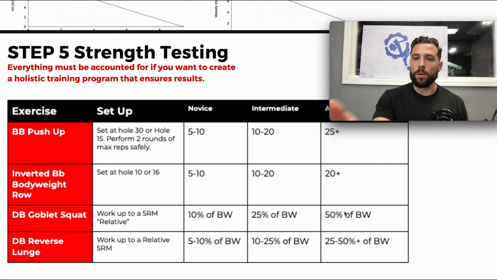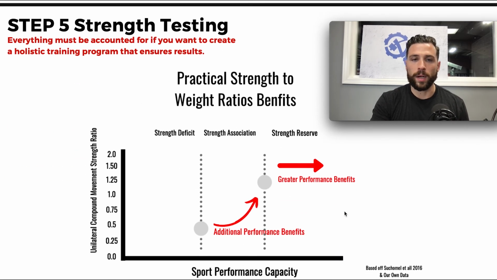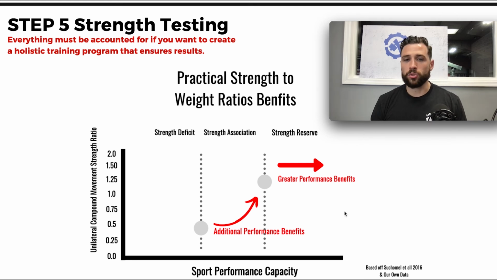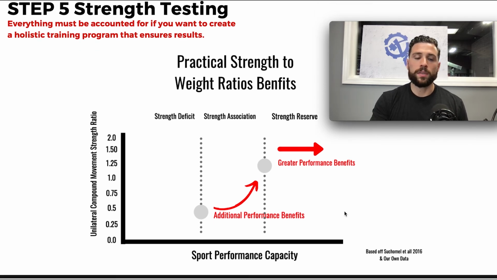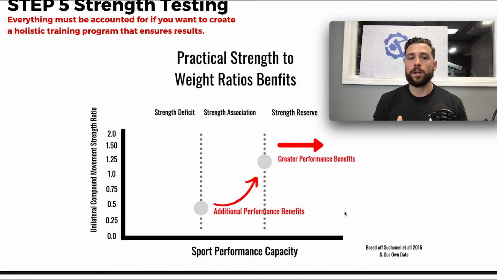Now, why does this all matter, right? You're looking at our lower body strength test. Well, we like to use lower body strength tests because here's another internal study that we ran of practical strength to weight ratio benefits. And part of this here is we have found, if you look at this graph, unilateral compound strength movements on the left-hand side, and then sports performance capacity.